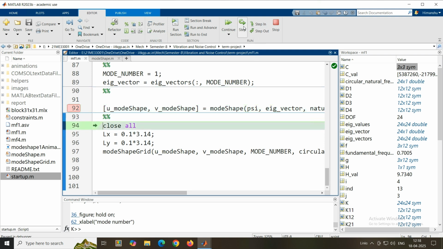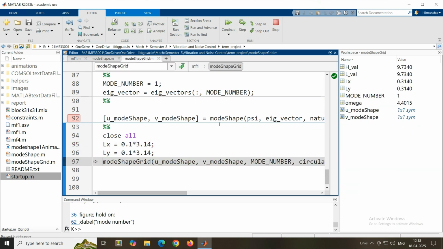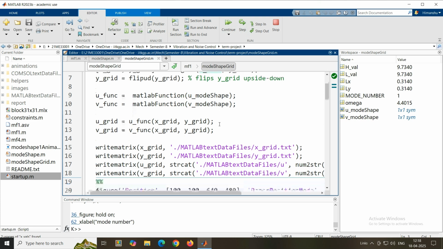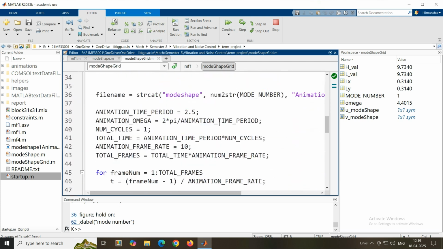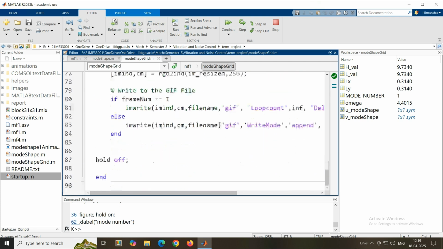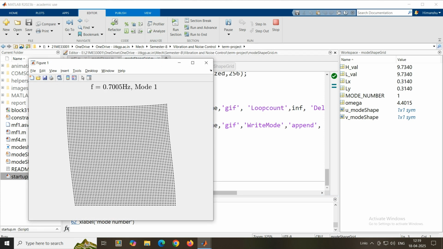Next, I'll show an animation. Here I am animating the results that I've obtained from MATLAB. I'll just run this. This is for the first mode shape that I obtained from MATLAB.